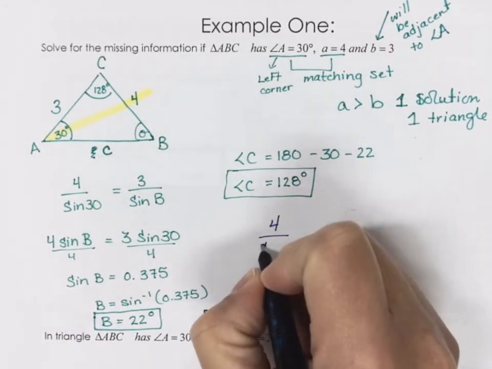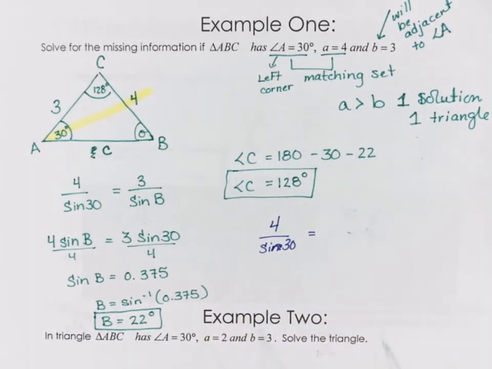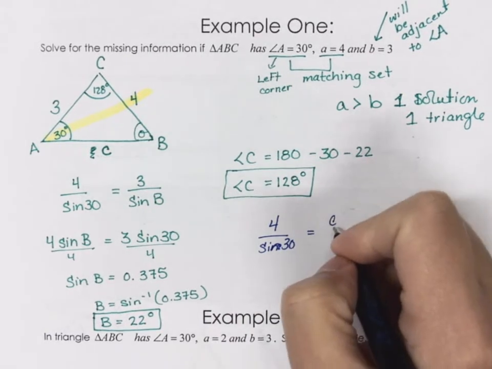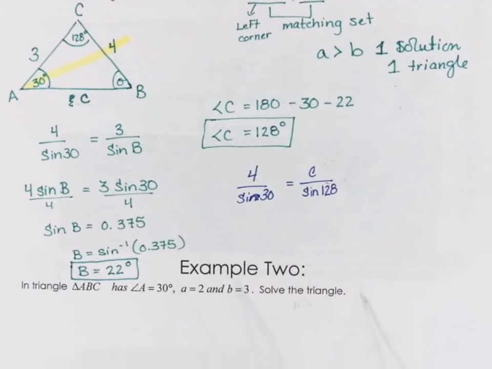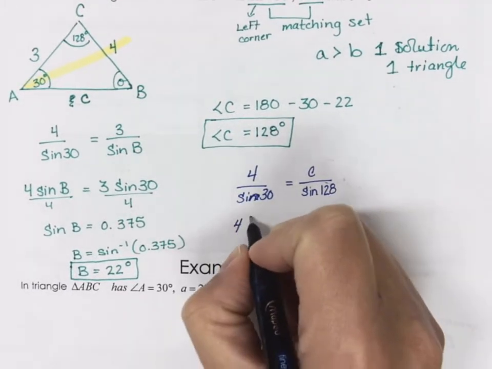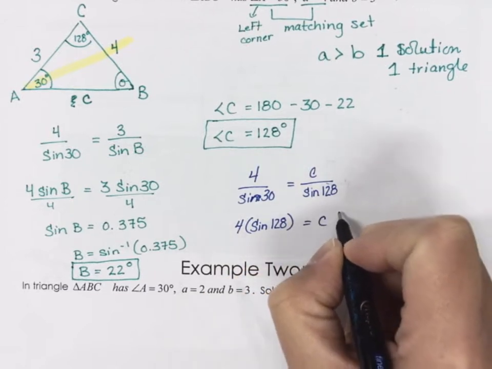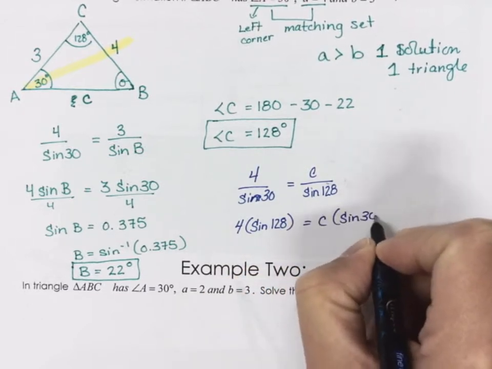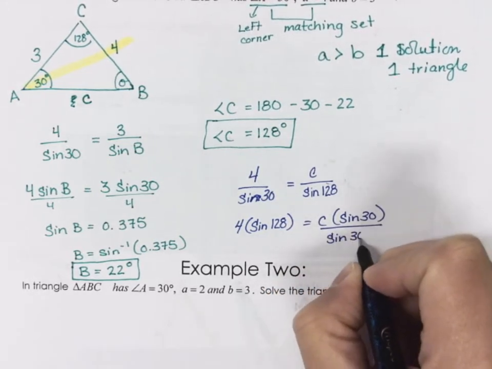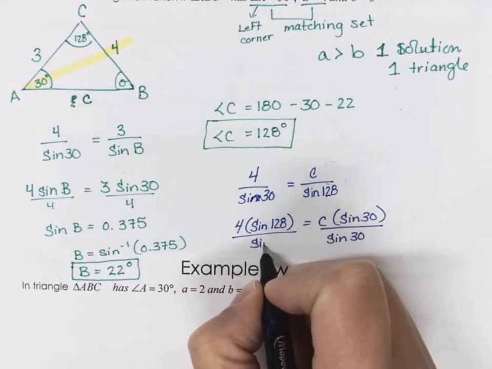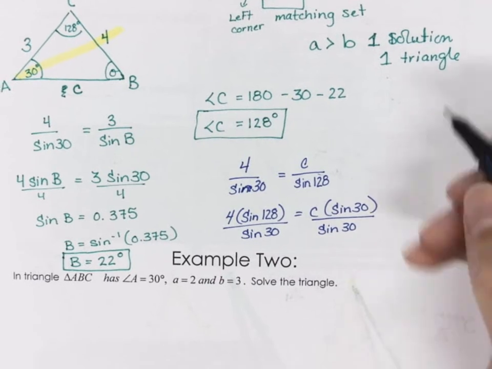So I've got 4 over sine 30 equals, and now I don't know side C, but I know its angle is 128. So I'm going to go ahead and cross multiply. And I want to get C by itself, so I'm going to divide by sine 30.